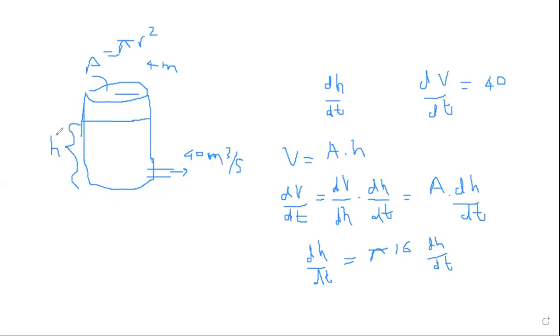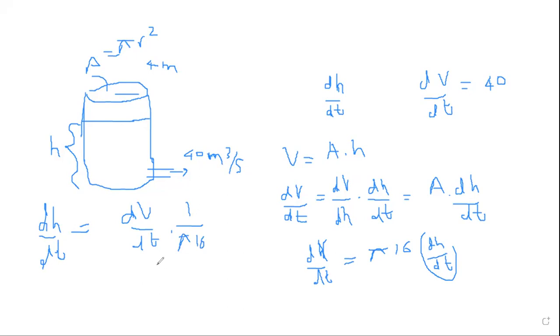So what they are asking for is the rate of change of height. So we can isolate that: dh over dt is equal to dV over dt divided by 16 pi. In this case we don't have an issue.